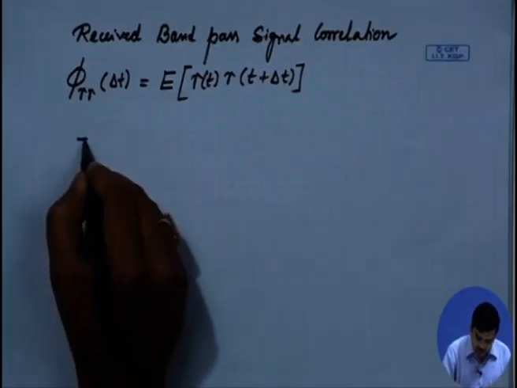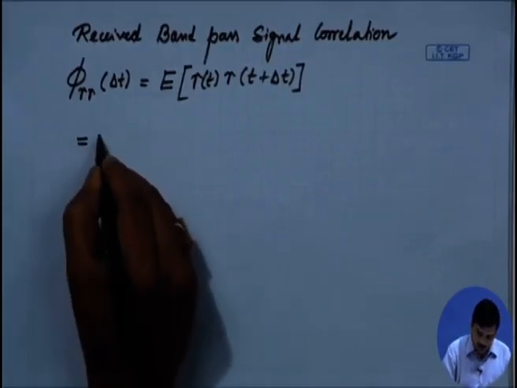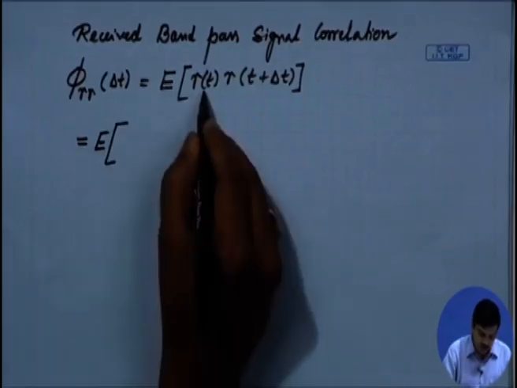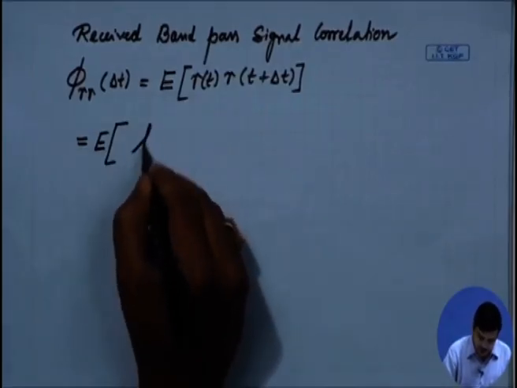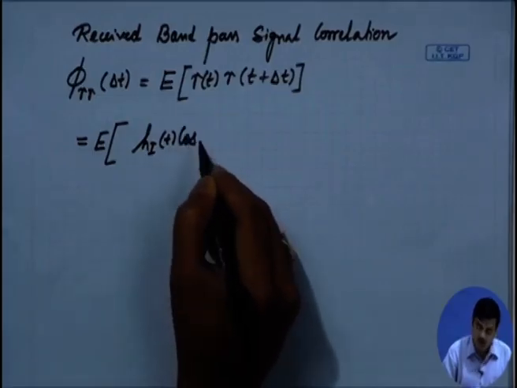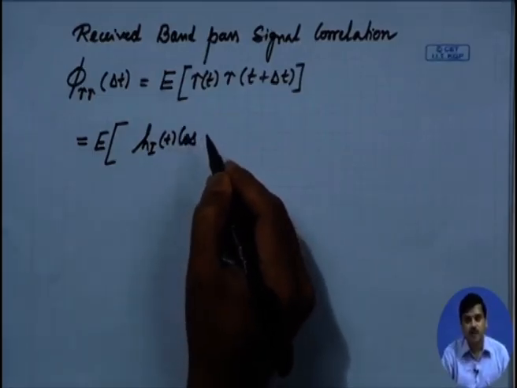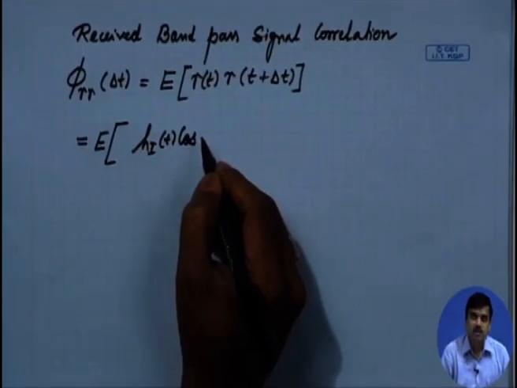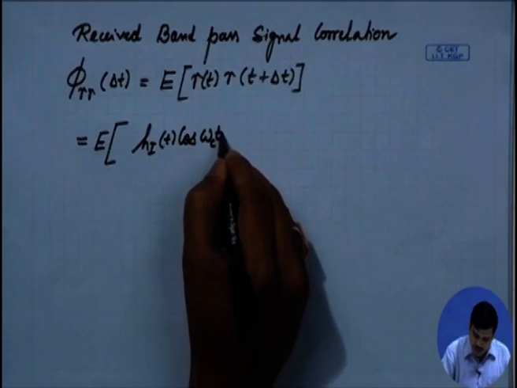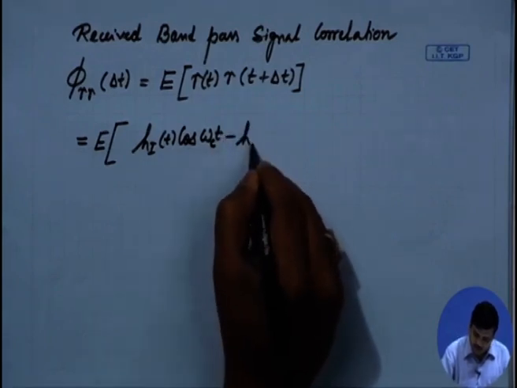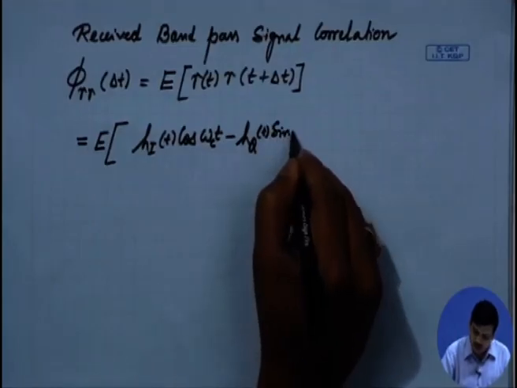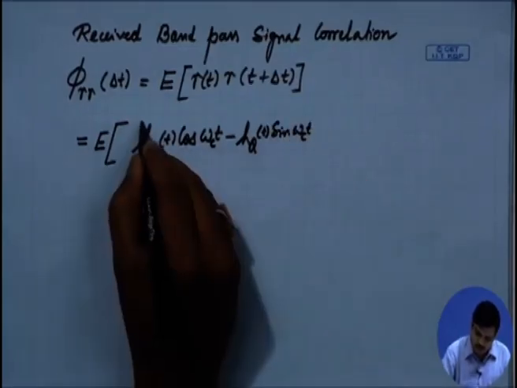So, if we expand this, I would put this equal to sign here, because that would help us have a lot of space over here. We would expand r of t would be h I of t cos, instead of writing 2 pi f c t, we will write omega c t, just so that it helps us reduce the space, omega c t minus h q of t times sin omega c t.